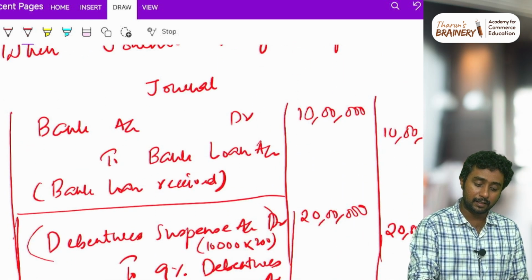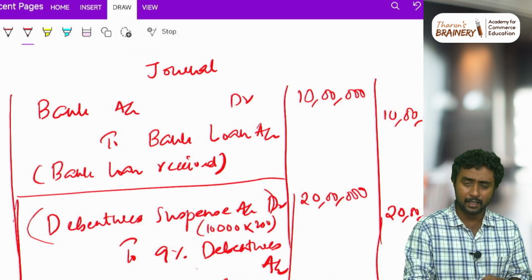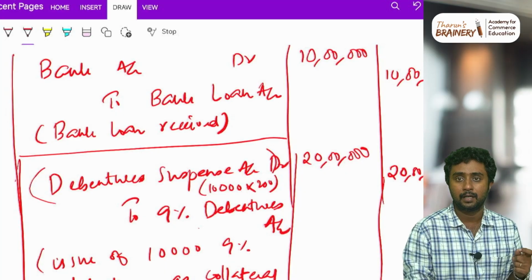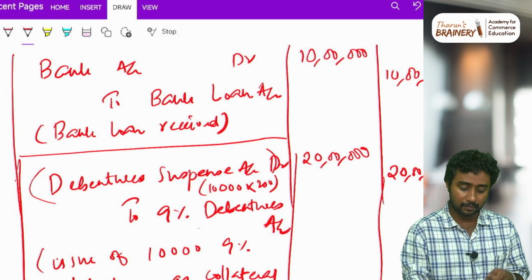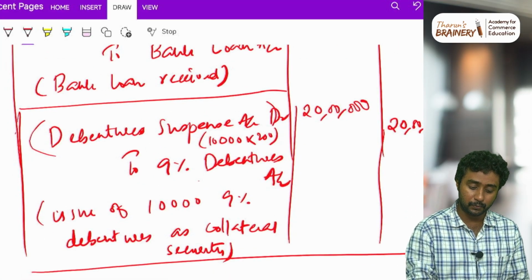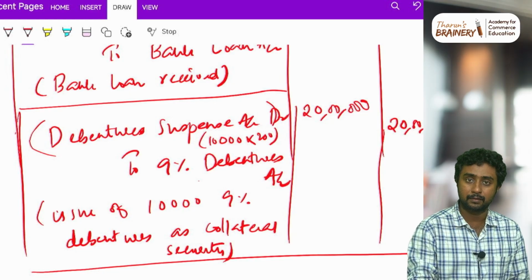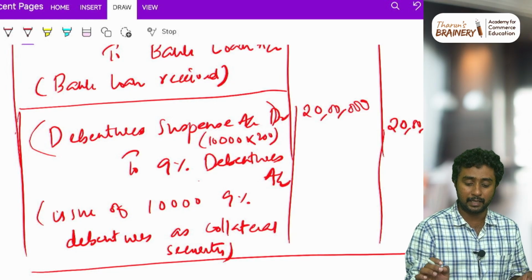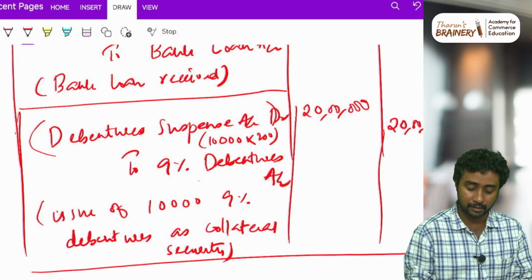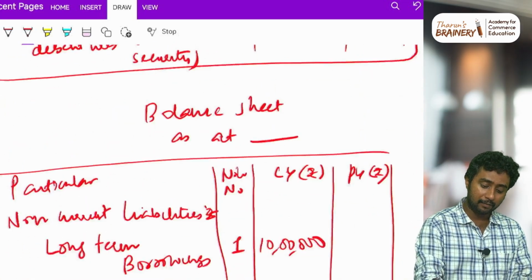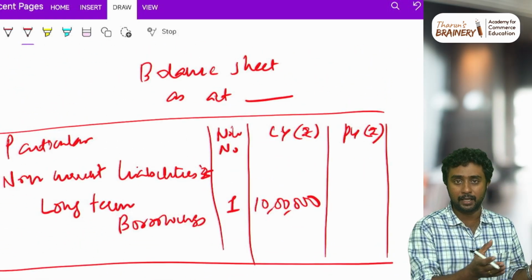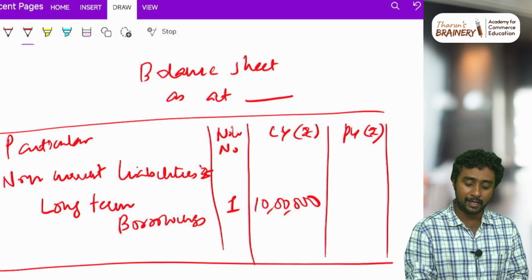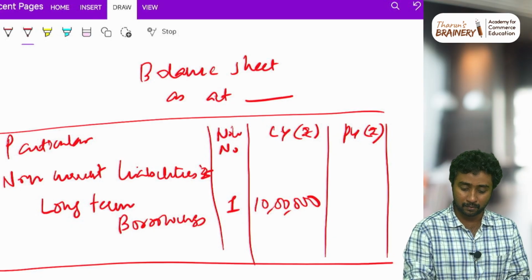Then, when the journal entry is passed, first you have to pass two journal entries. The first entry is for receiving the loan. The second journal entry is debenture suspense account debit to 9% debentures, showing the value of the debentures that we gave as collateral security. Then we come to the balance sheet again. Same as the previous method, we prepare the balance sheet by showing the loan amount alone.